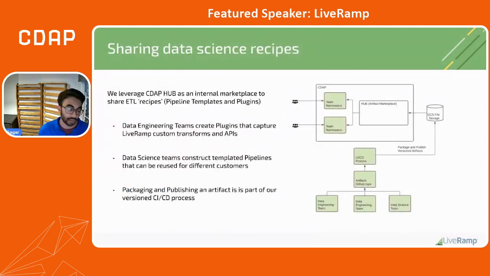So going back to a key problem that we had of data collaboration, one of the key things that we want to enable is that when a data scientist works in Safe Haven, whether it's within LiveRamp or a data scientist at a customer enterprise, they want to be able to develop some of their ETL reports or models once, and then be able to distribute them to other teams so that they can take advantage of it too.